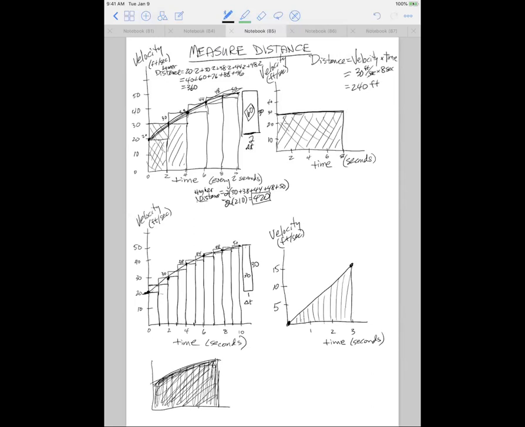The area of a triangle is 1/2 base times height. So that's 1/2, the base is 3 seconds, and the height was 15. So we end up with 45/2, or 22.5.